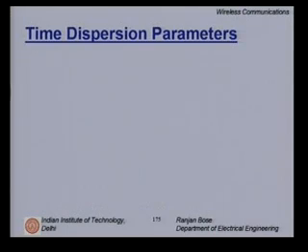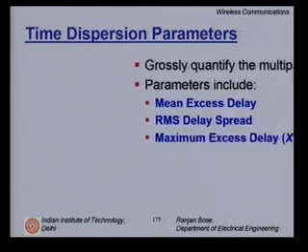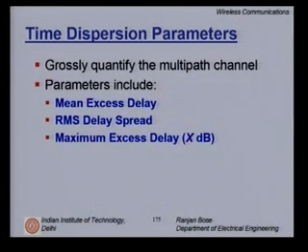So continuing with our notion of time dispersion parameters, we recall that they grossly quantify the multipath channel, and the three most important parameters that we will revisit are the mean excess delay, the root mean square delay spread, and the maximum excess delay.